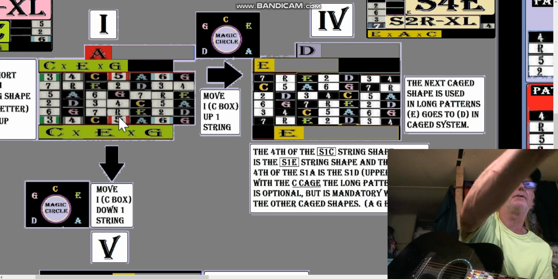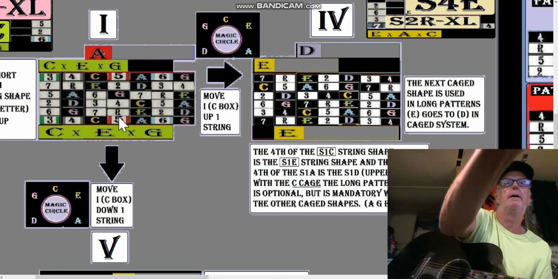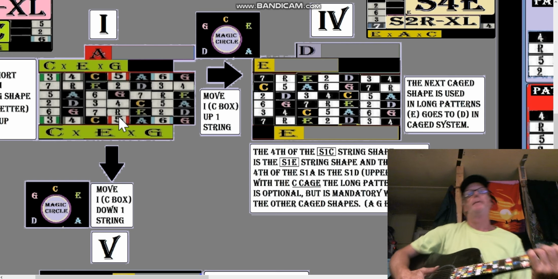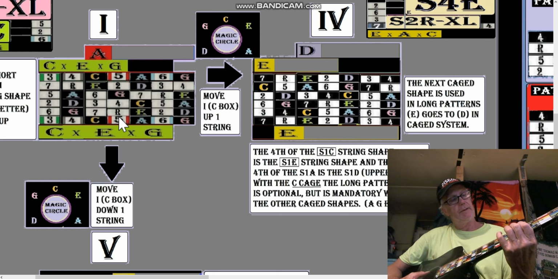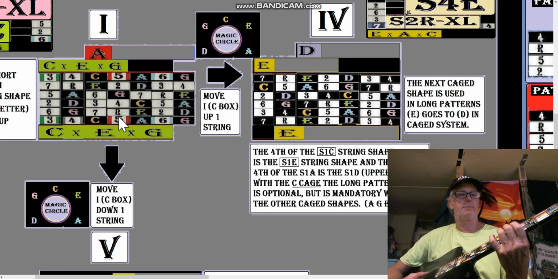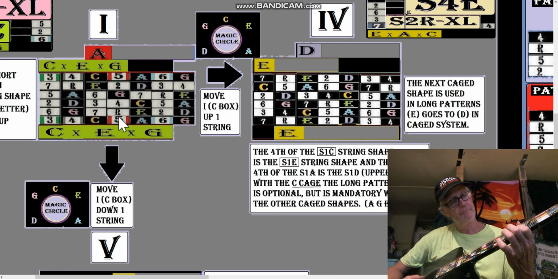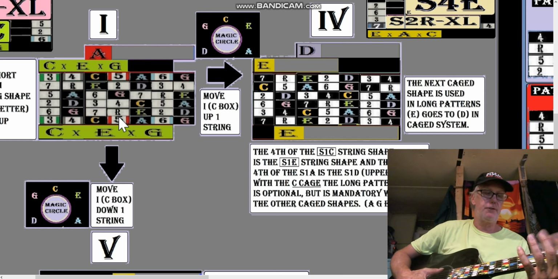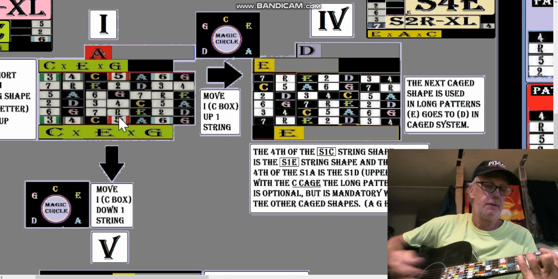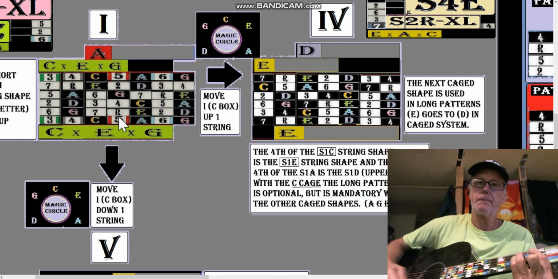These are no-nos. So that's why we're going to play this thing that's shaped more like the E-shaped pentatonic scale. Now, that's the fourth. So what we've done is we've gone from the first to the fourth.